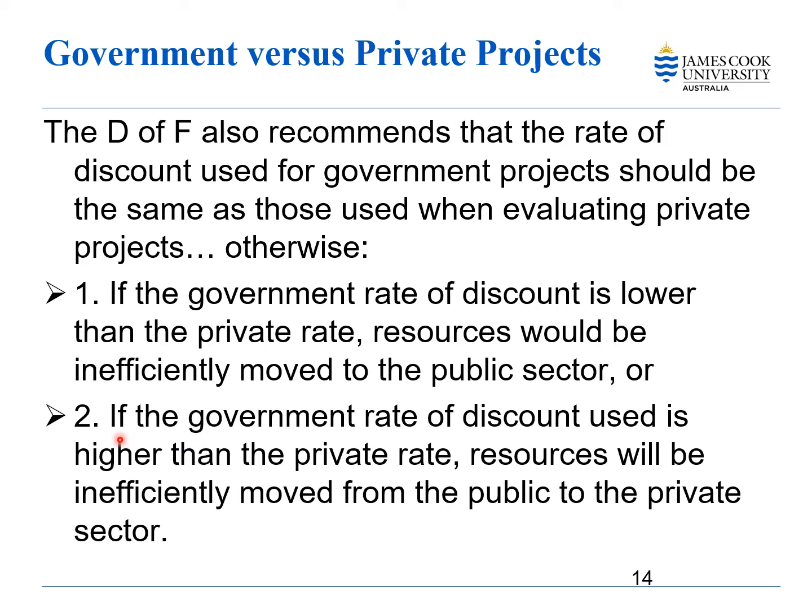Or if the government discount rate is higher than the private sector discount rate, then resources will be inefficiently moved from the public sector to the private sector. So essentially the justification is that we have to use the same discount rate as the private sector, because otherwise we might risk distorting the resource allocations. We might end up having resource misallocations, and this is what we do not want.